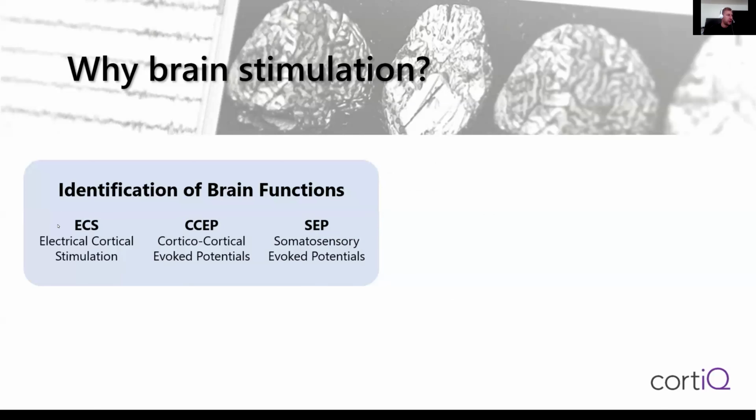So for example, we have electrical cortical stimulation, where we apply electrical stimulation of approximately 50 Hertz with around 5 to 10 milliamperes in a, let's say, bipolar manner. And then during the stimulation of 2 to 5 seconds, the behavior can be altered.